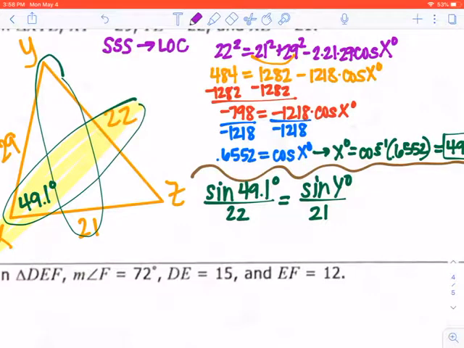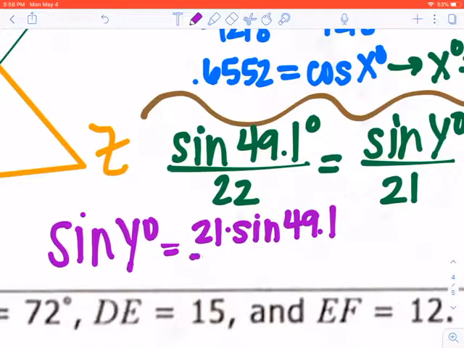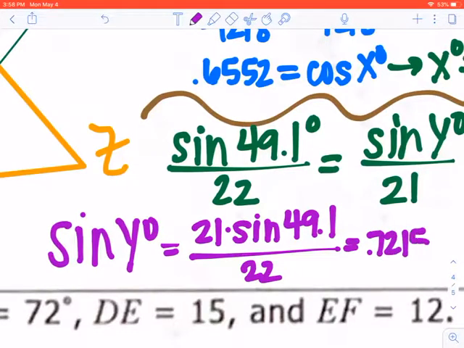So my sine of y then, if you do the cross multiplication, is going to be 21 times sine 49.1 over 22. And this equals 0.7215.